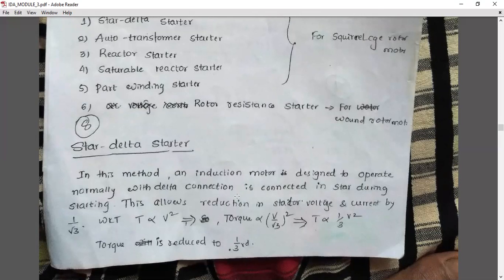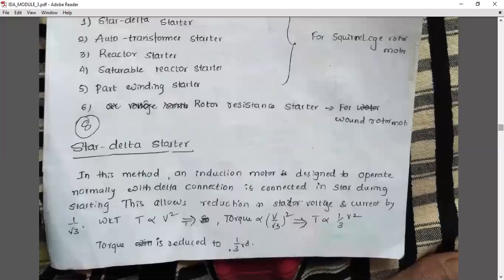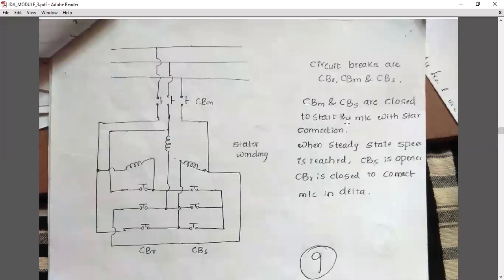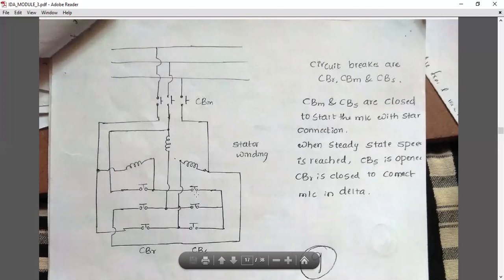After that, whenever the motor reaches steady state value, it is connected to delta. That is explained in this diagram, where switches are given. CBM means circuit breaker main.